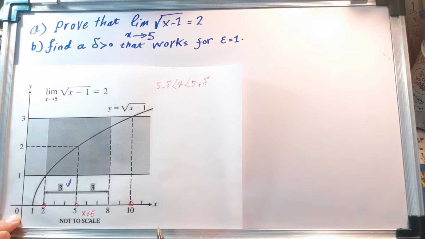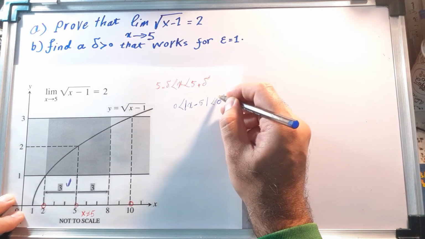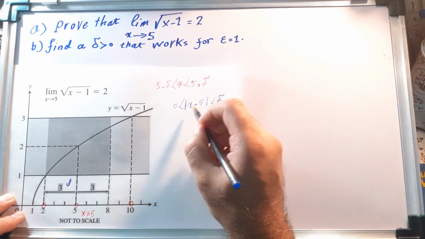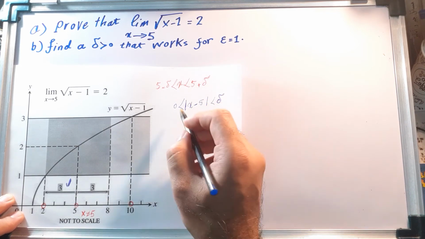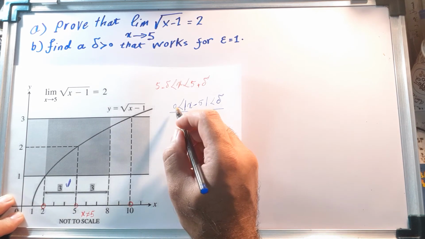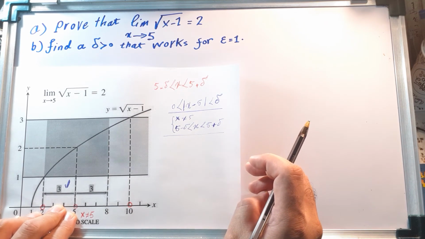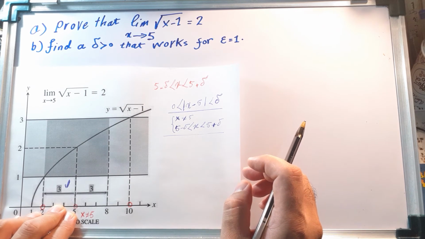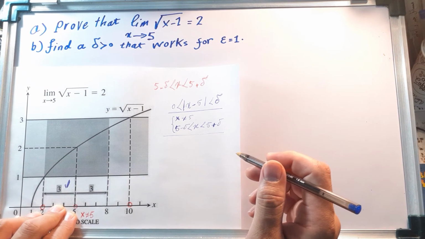It means that if we take delta equals 3 or any smaller positive number, then the inequality of x minus 5, it means delta expression, absolute value of x minus 5 is less than delta and greater than 0, by this we'll automatically place x between 2 and 10 to make the epsilon inequality true.